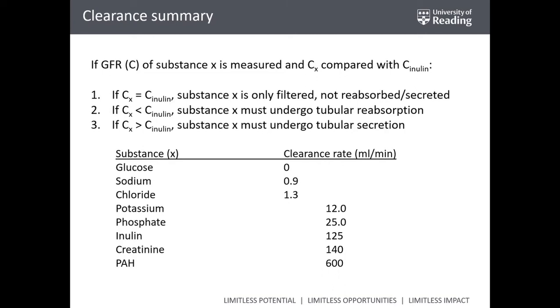Then again, the clearance for sodium is around 0.9, for chloride is 1.3, for creatinine is 140, and then we have para-aminohippurate, which is a substance that we will use for measuring another kidney function, still using the clearance rate of para-aminohippurate.